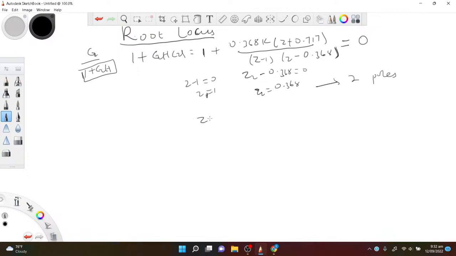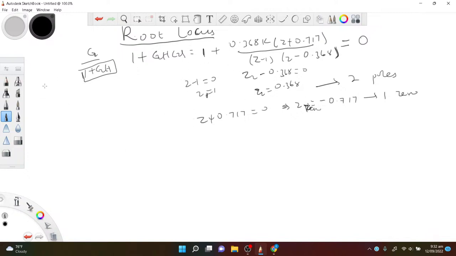The only zero is z plus 0.717 equals 0, so your zero is negative 0.717. How many zeros? One. You've gotten your poles and zeros.